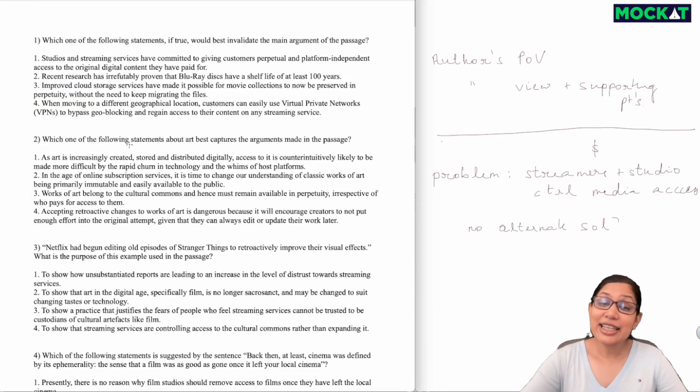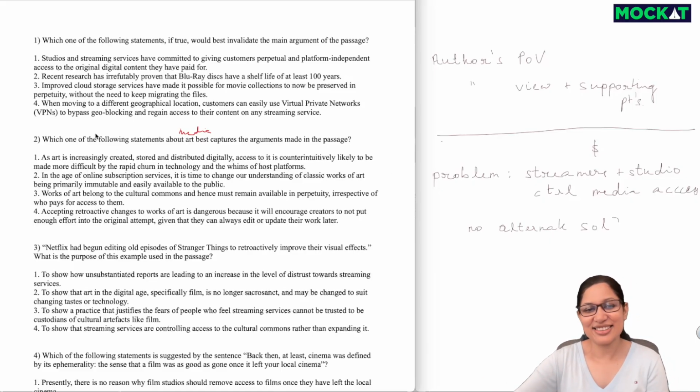The first and the second question are inferential questions, but the second question is more straightforward. Which of the following statements about art, which probably again means media or content, best captures the arguments made in the passage? Given that we already have the arguments in the passage, we can just read through the options and try to find the answer. And if you see, the first option is perfect.